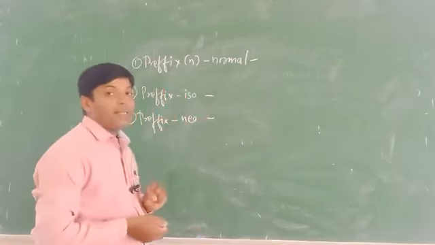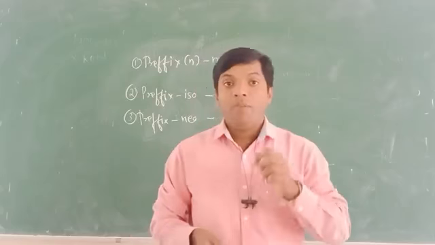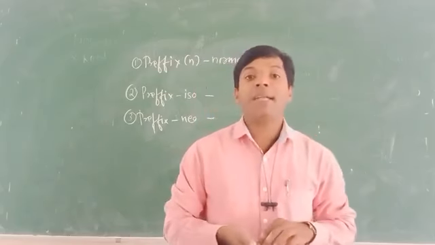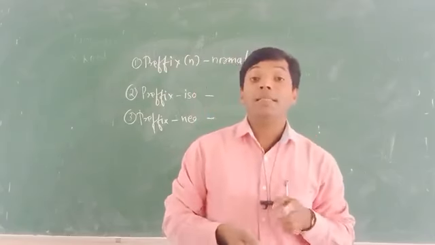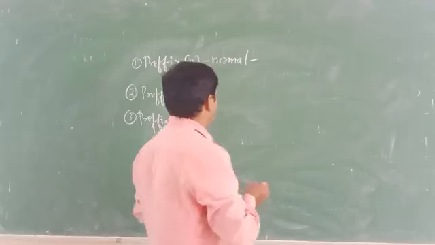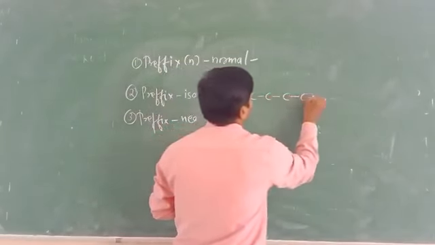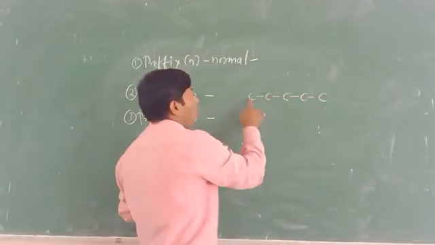When you are going to use prefix iso, it can be used when one methyl group is attached to the second last carbon atom in the formula. For example, I write here one of the chains: 1, 2, 3, 4 and 5.